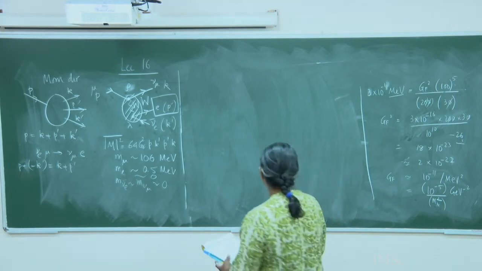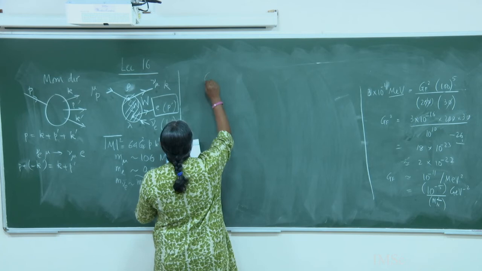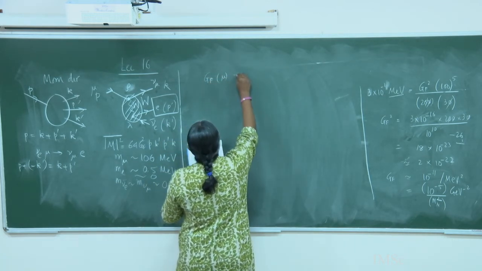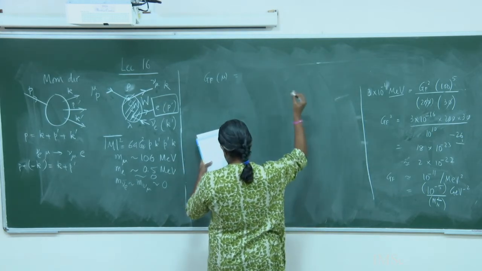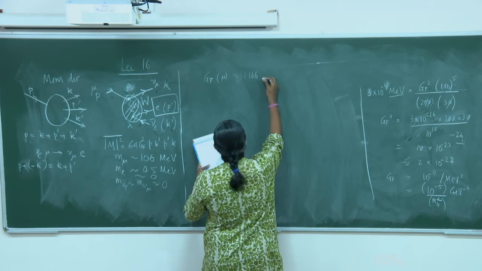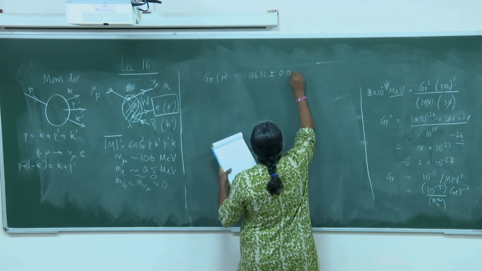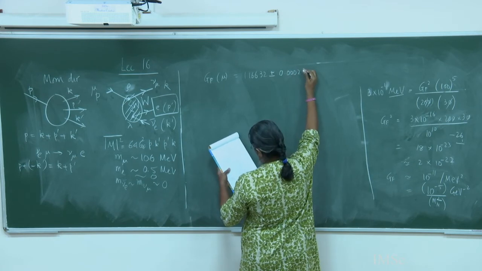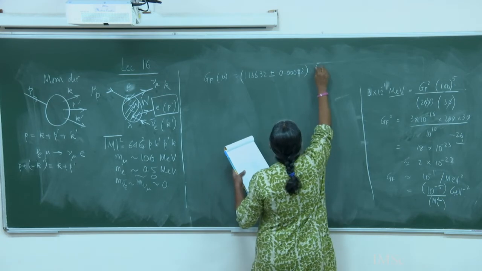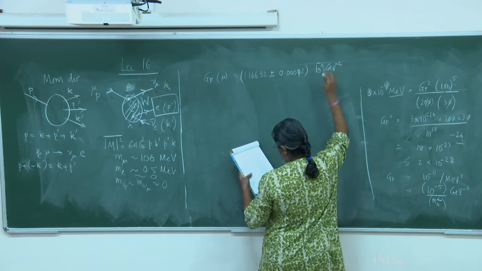Therefore, you see that I have actually determined GF through muon decay. So if I define GF coming from muon decay, and if I actually put in exactly the numbers, this is 1.16632 plus or minus 0.00042, and of course 10 power minus 5 GeV minus 2.